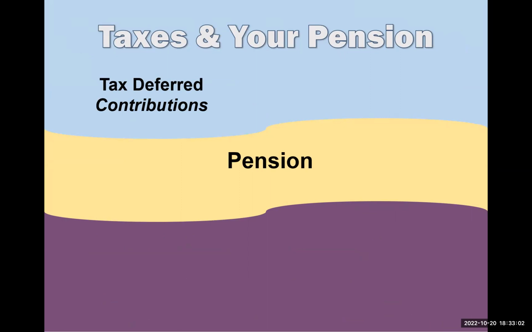ASRS will withhold state taxes only for the state of Arizona. So if you're moving out of state, make sure that you consult with a tax professional in the state that you are moving to. And make sure that you turn off your Arizona state taxes, and that can easily be done through your secure account.